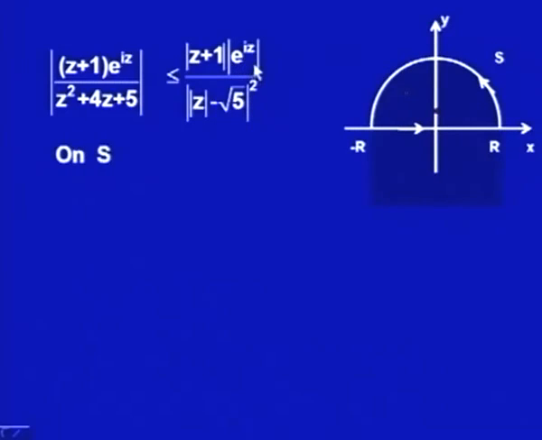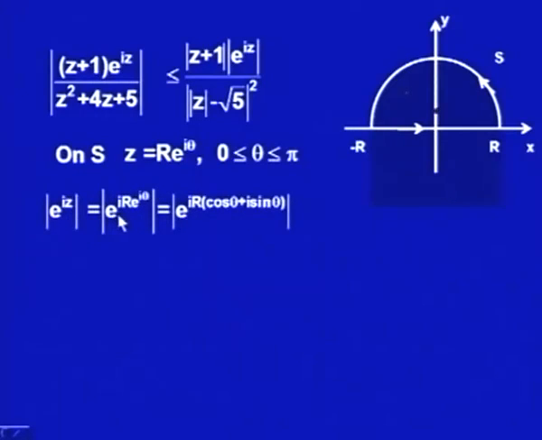Now, e to the power iz on S we would write as e to the power i r e to the power i theta, because the semicircle S is r e to the power i theta in the parametric representation, with theta lying between 0 and pi. E to the power i theta we write as cos theta plus i sin theta. So, what we get is the absolute value of e to the power i r cos theta into e to the power minus r sin theta, where the first factor is 1.